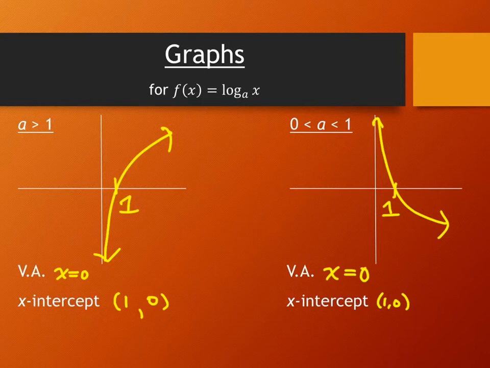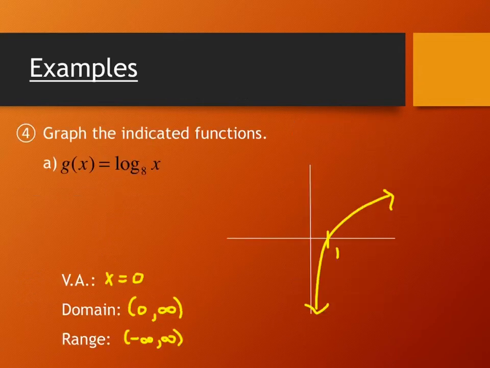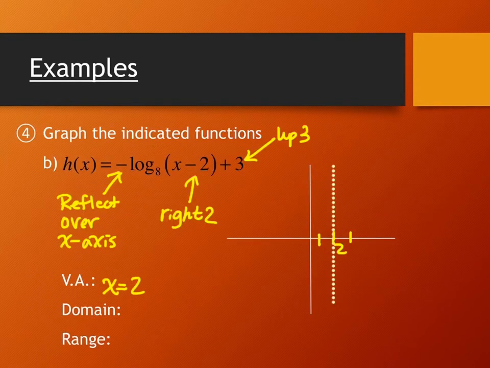Because of that negative reflection, I actually have a graph that's going to end up looking like the second graph on this slide. Okay? And then the last thing I'm supposed to do is shift it up 3. So what was the x-intercept at 3 is now up in the air. So I've actually got a point at (3, 3) plotted on my graph, and the graph is decreasing. Something like this.